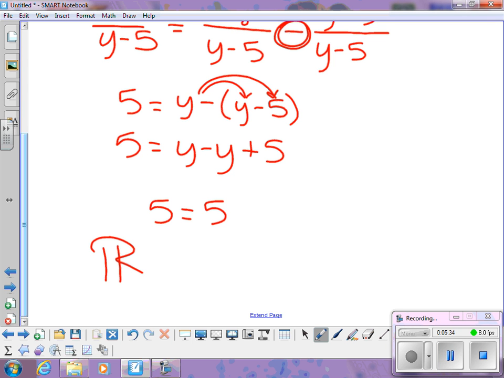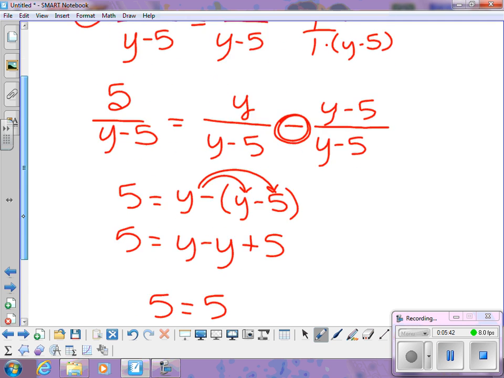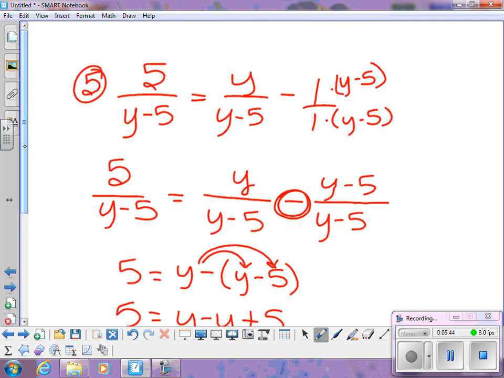Why did I, though, when I called out the answer, say all reals except 5? Look at the original problem. What would happen if you had 5? What's 5 divided by 5 minus 5? 5 divided by 0.